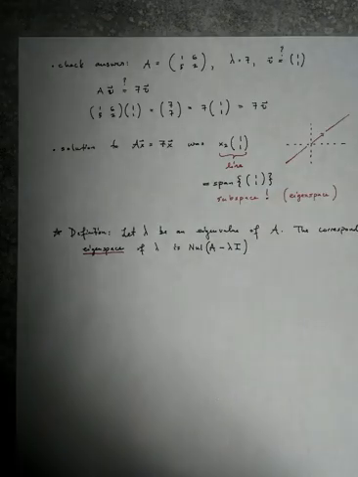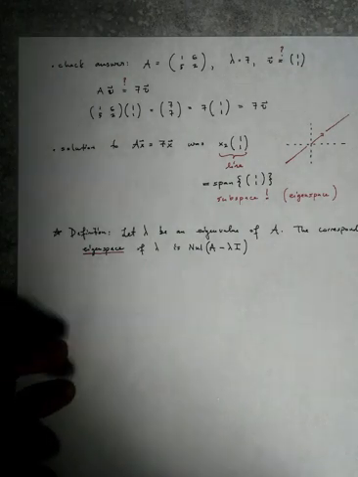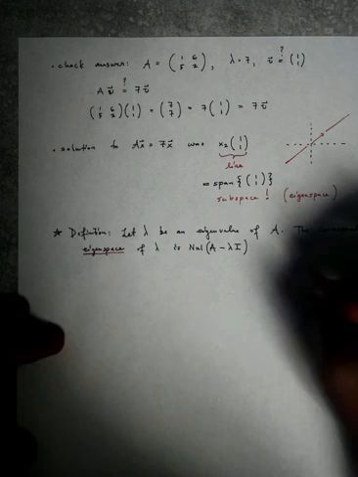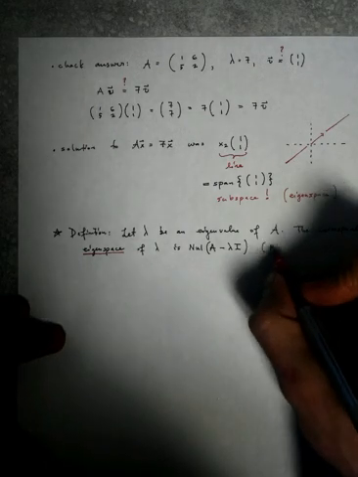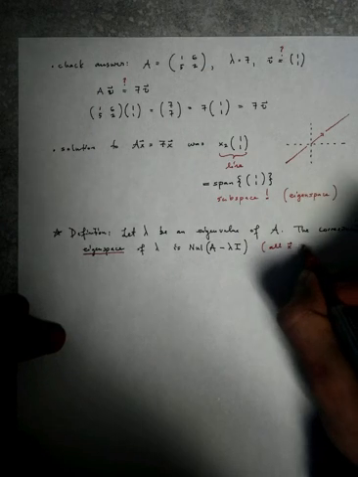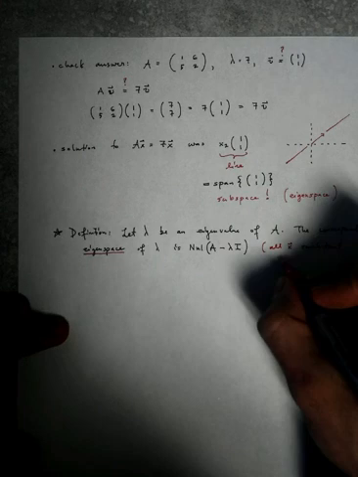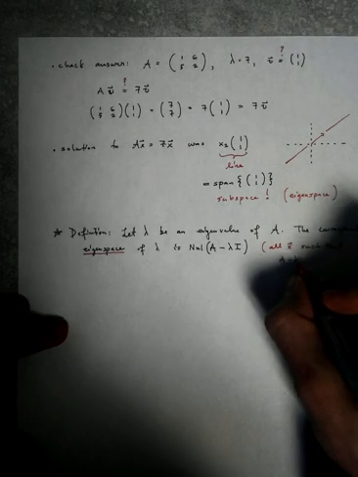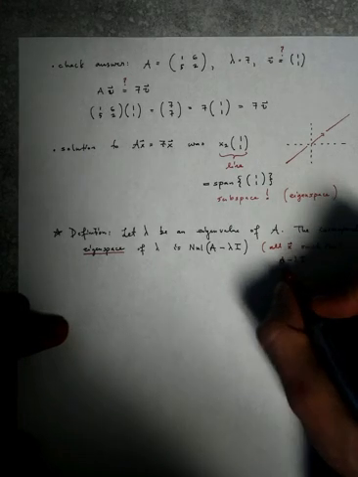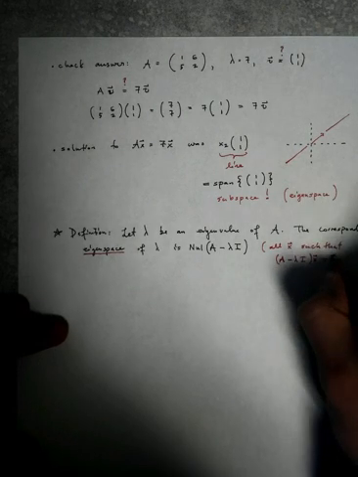If you forgot the definition of null space, this just means all x such that A minus lambda times the identity, times x, equals 0.